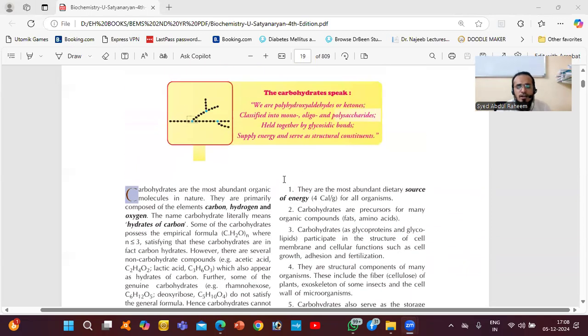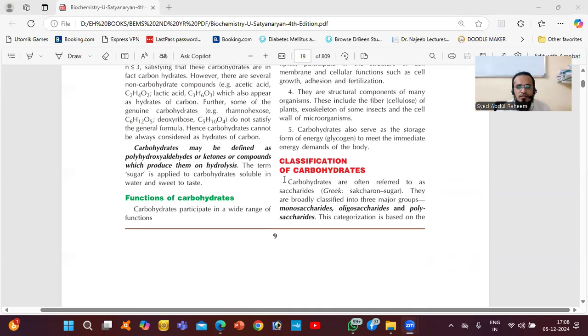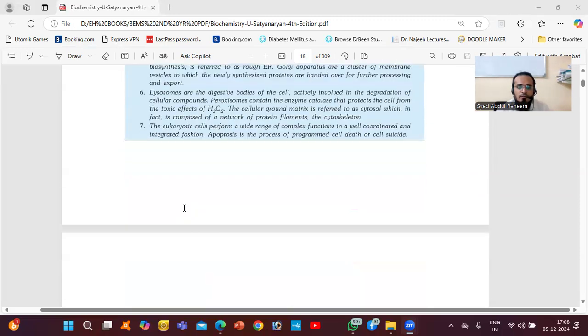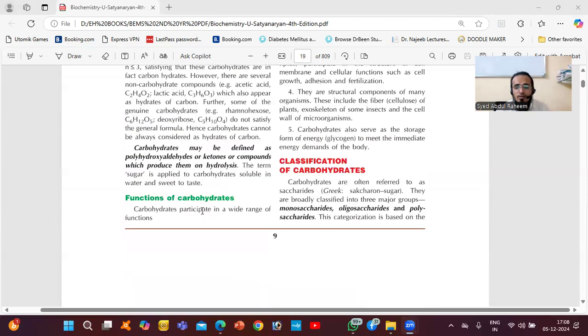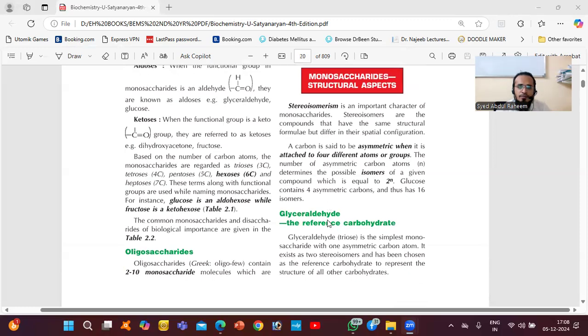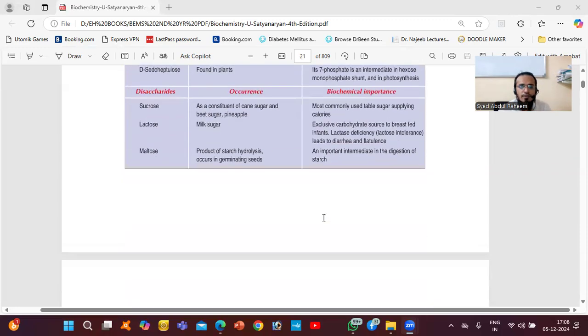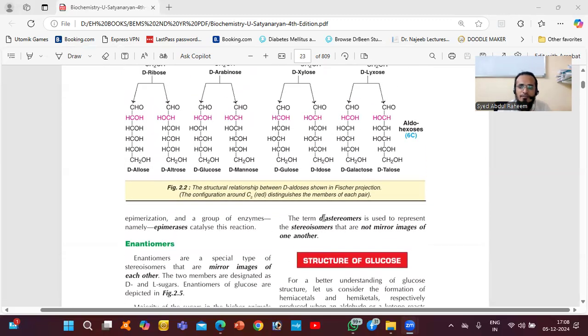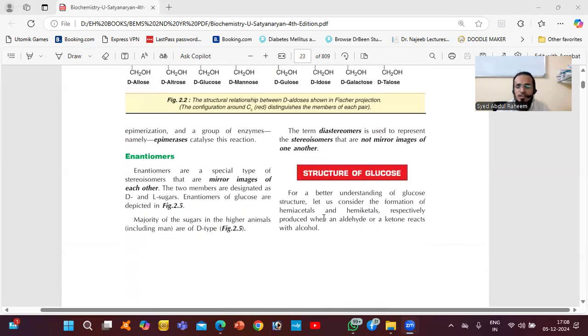So here, carbohydrates. What is carbohydrates? We will discuss, and after that we will discuss functions of carbohydrates and classification of carbohydrates. Everything we will discuss in detail. Whoever has basic knowledge of chemistry will understand easily.